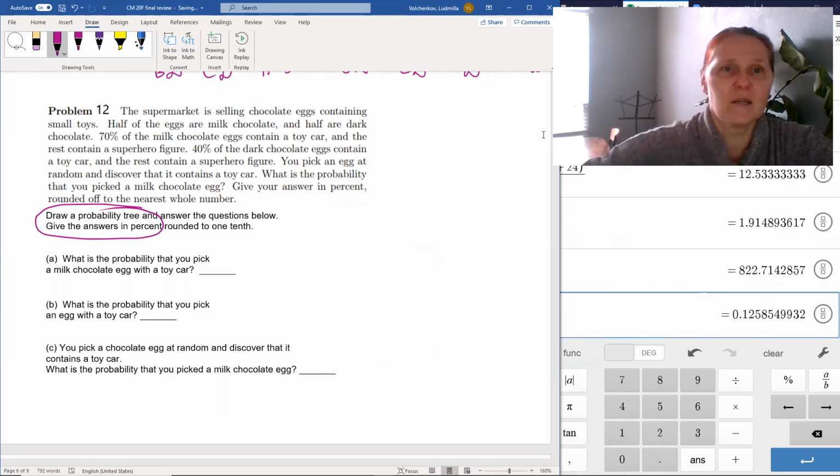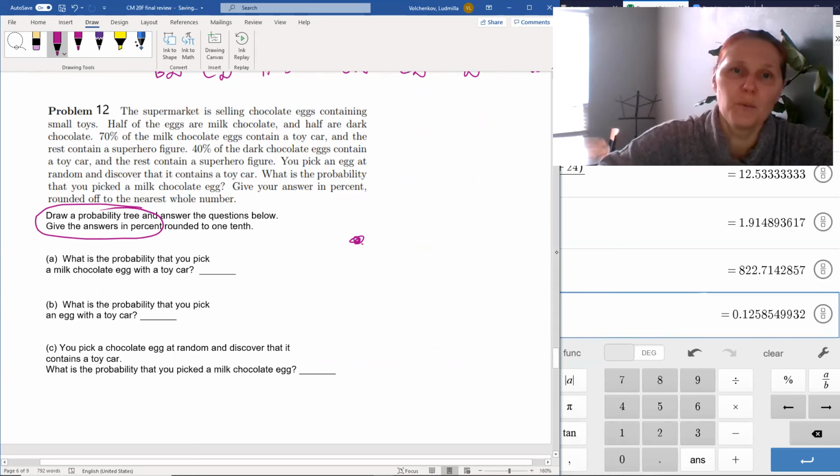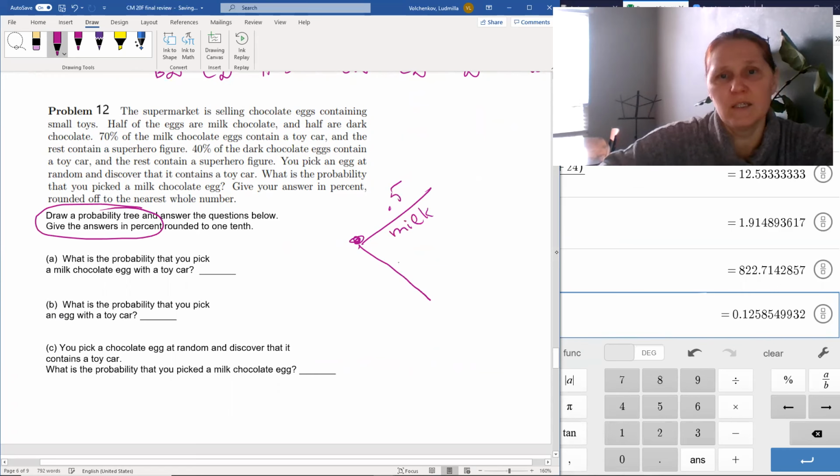Half of the eggs are milk chocolate, half of them dark chocolate. So our first step, we have the half, 50% or 0.5 on milk chocolate, and another 0.5 is dark chocolate.